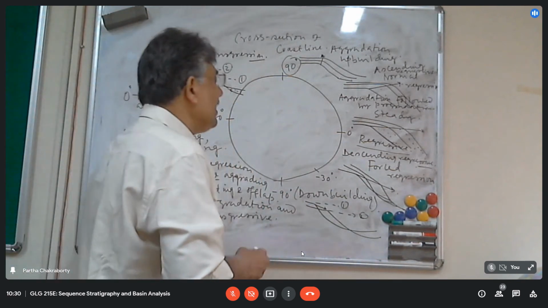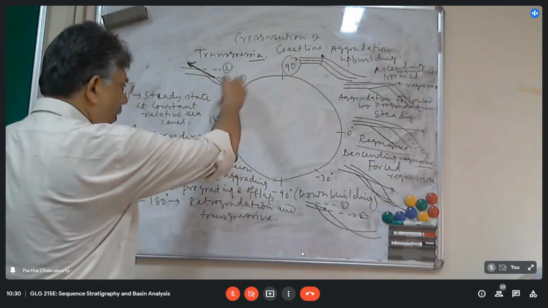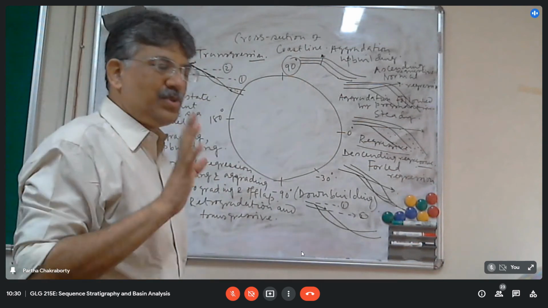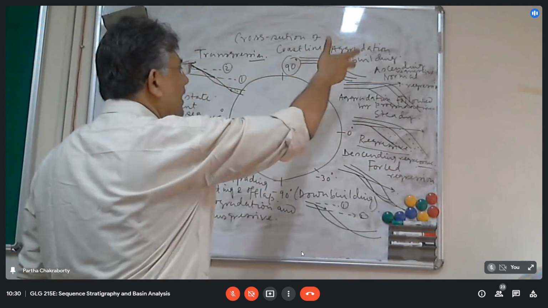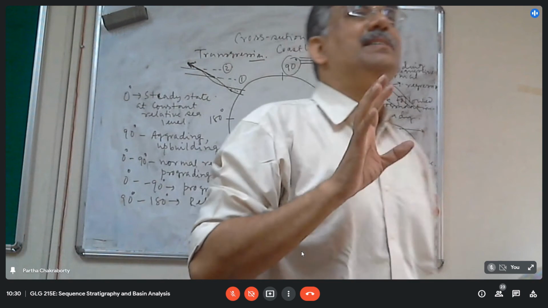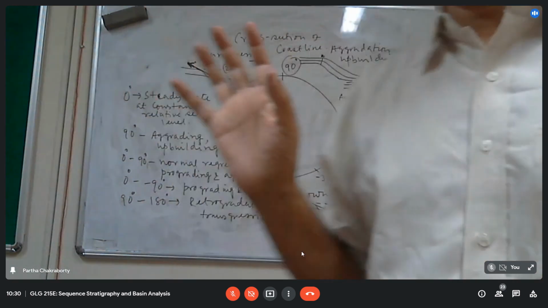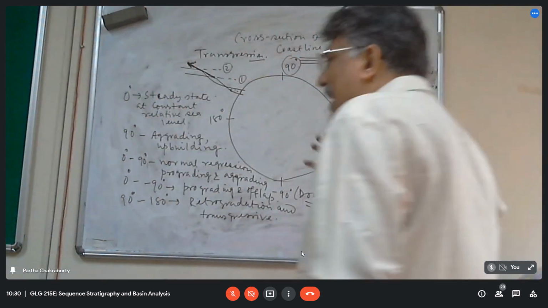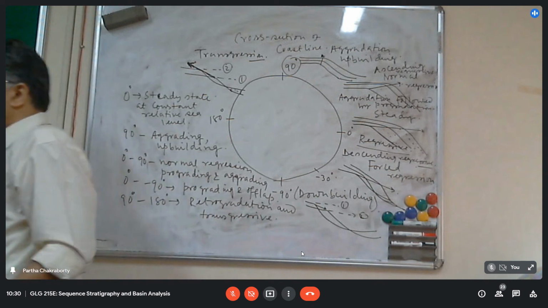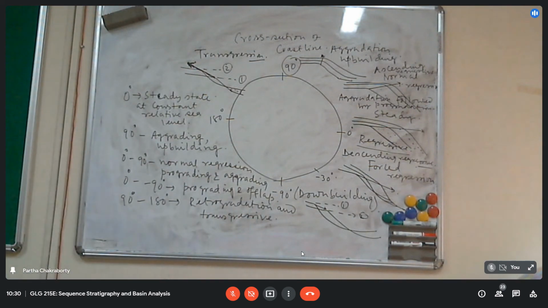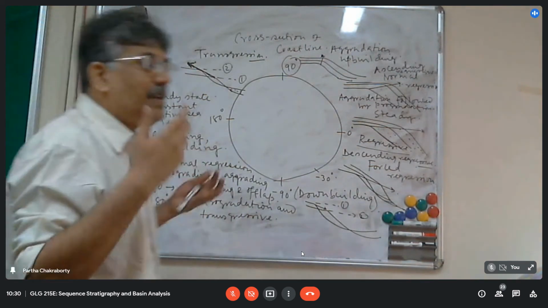If you see a comprehensive diagram, there are different kinds of shoreline trajectory, and that different kind of shoreline trajectory will result in different stratal stacking pattern.